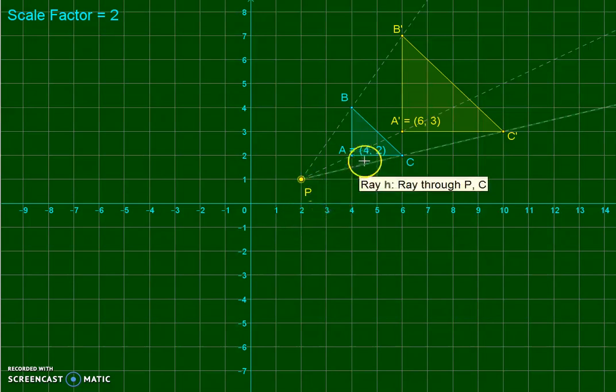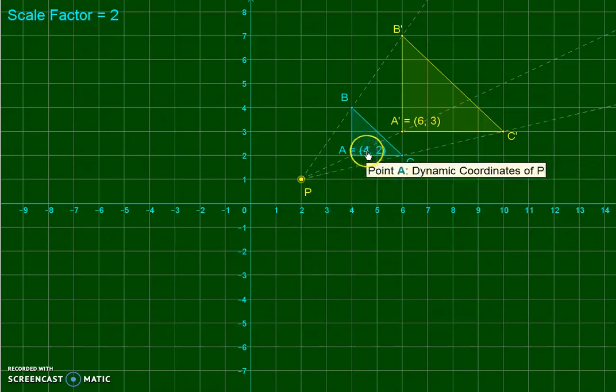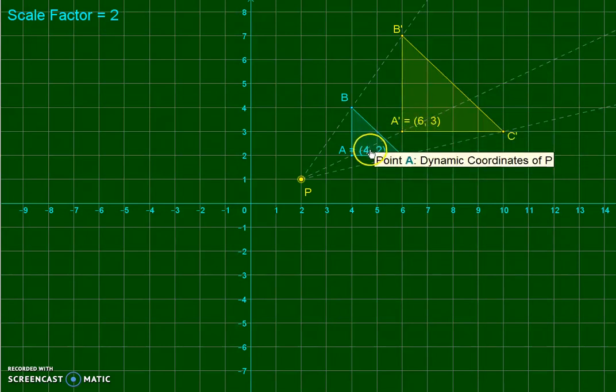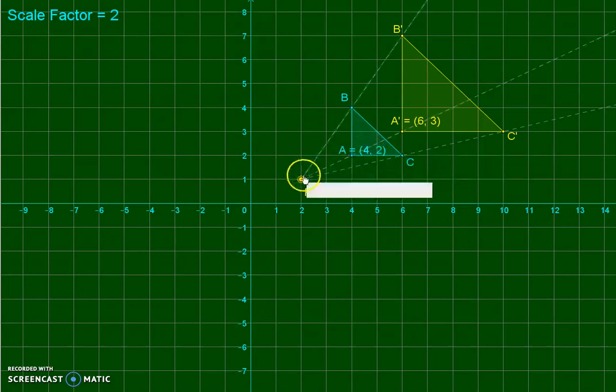Let's take a look at what happened to the x coordinate first. Now clearly you can see that the x coordinate isn't 4 times 2. So something else has happened here. What's happened is we had to account for this offset. Notice the x coordinate is offset by 2 units from the origin.